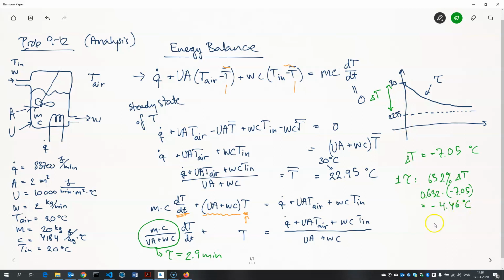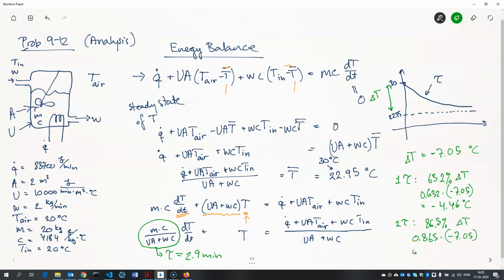After 2 characteristic times, it should have dropped 86.5% of the change. So that's 0.865 times minus 7.05.